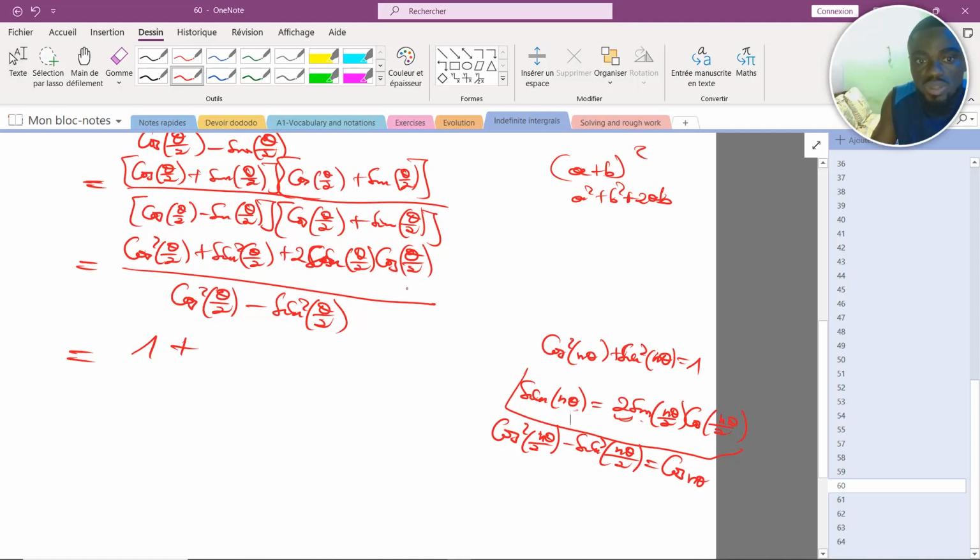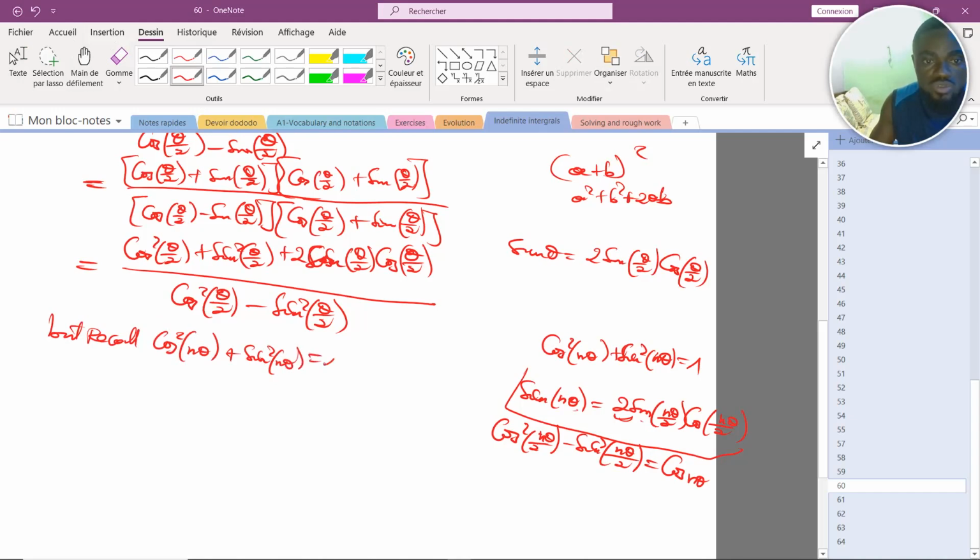So this is simply sine theta. Sine theta is equal to 2 sine theta on 2 cos theta on 2. Let me first recall this, it's very important to show that in the exercise. But recall that cos square n theta plus sine square n theta is equal to 1.